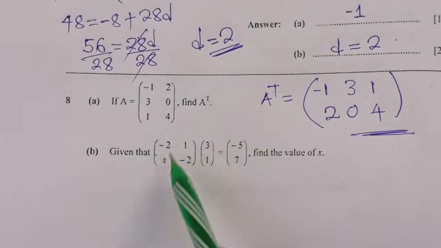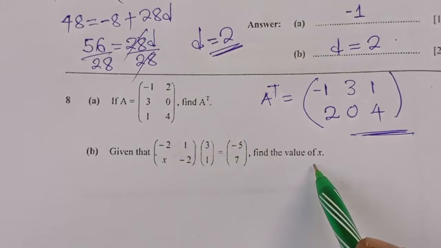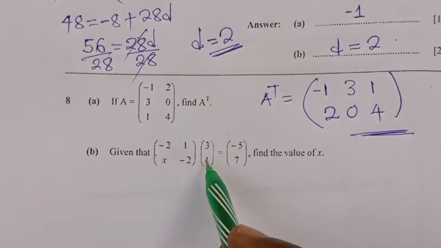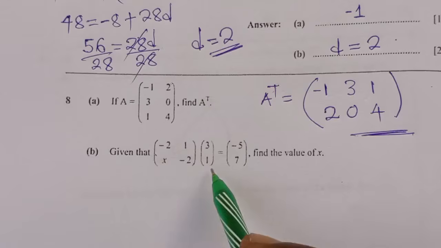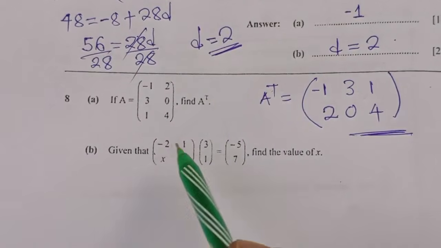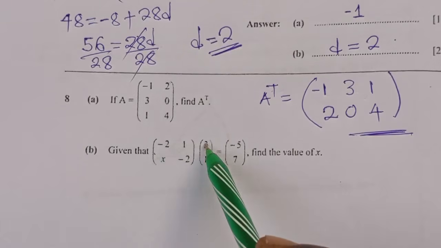We now move on to this one. Given this data, find the value of x. How do we find the value of x? We multiply here. The concept we are applying is multiplication of matrices, where this one multiplies with that one.